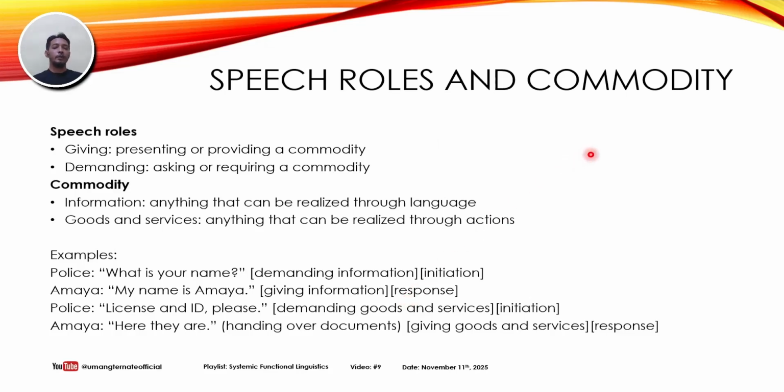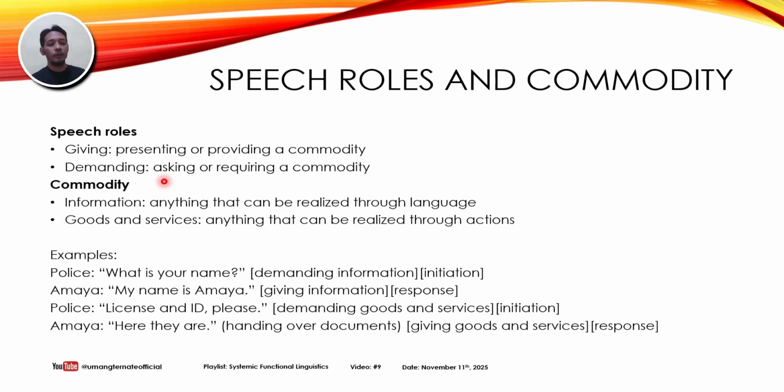Now we see the speech roles and commodity in the mood system, or in systemic functional linguistics in general. So there are two roles that language plays in terms of interaction. The first one is giving, which we can understand as presenting or providing a commodity, and the other is demanding, which we can understand as asking or requiring a commodity.